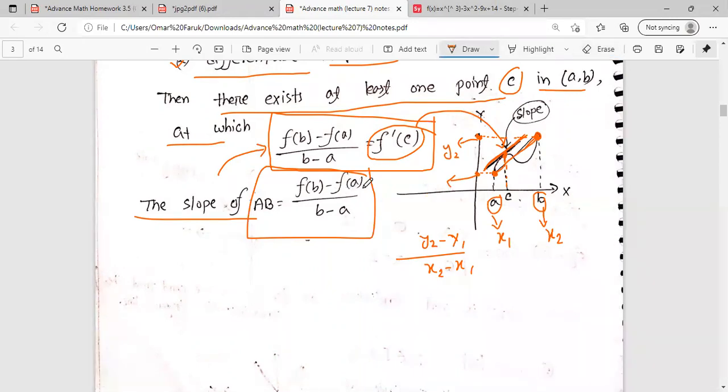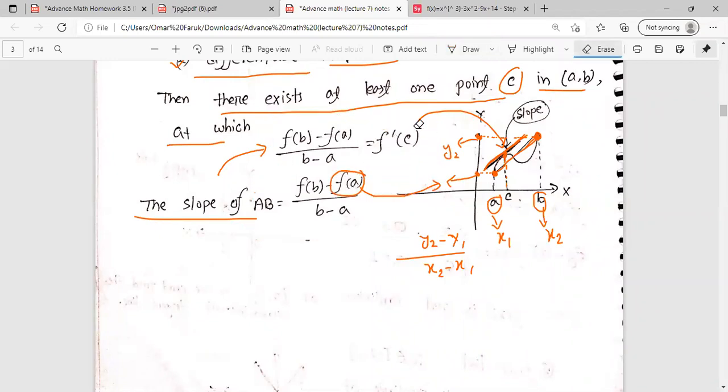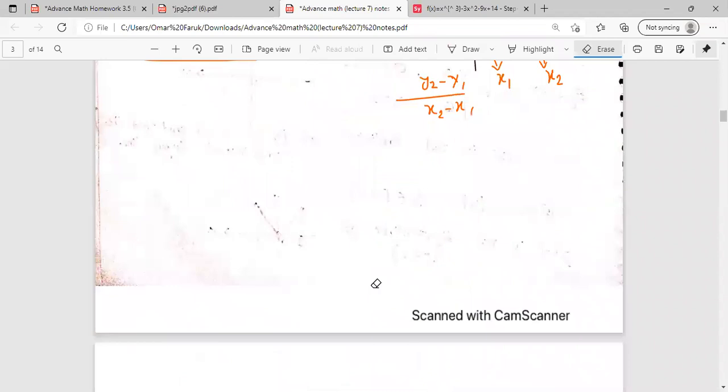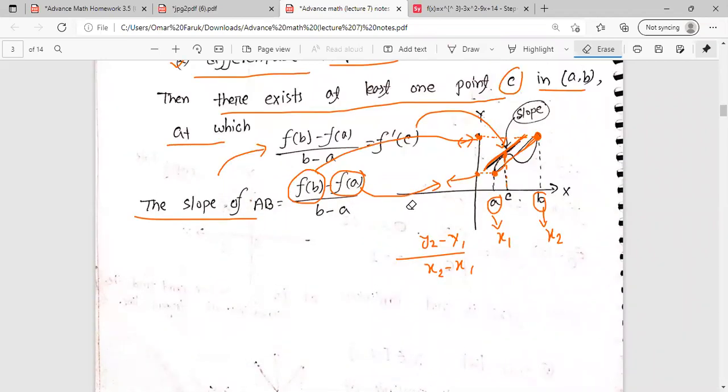This is f(a), that means here, and we have f(b), that means here. Okay, guys. Can you understand?